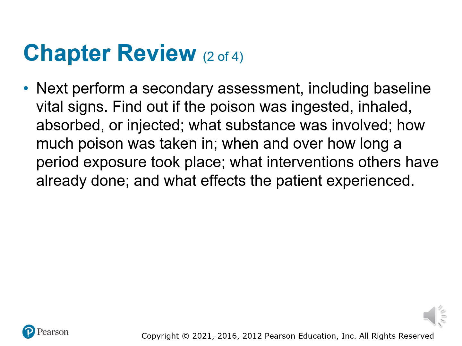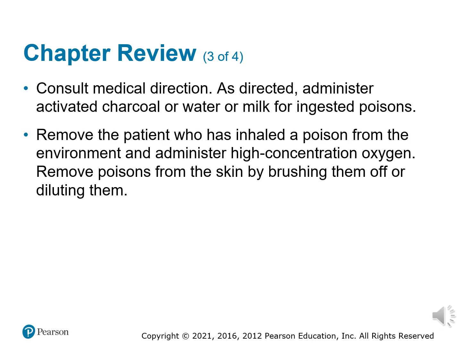Find out if the poison was ingested, inhaled, absorbed, or injected, what substance was involved, how much poison was taken in, and when and over how long a period exposure took place. And then what interventions others have already done and what effects that had on the patient's experience. You want to be sure to consult medical direction.